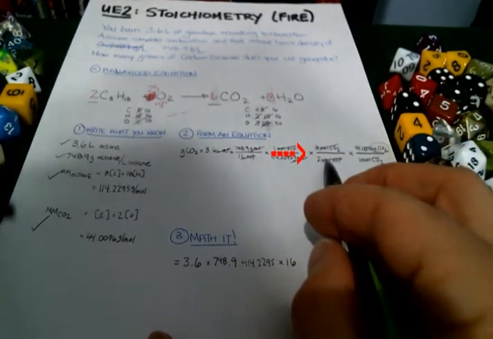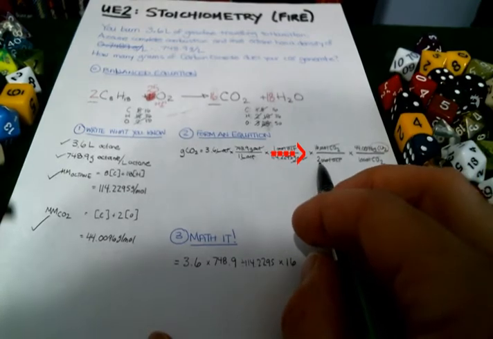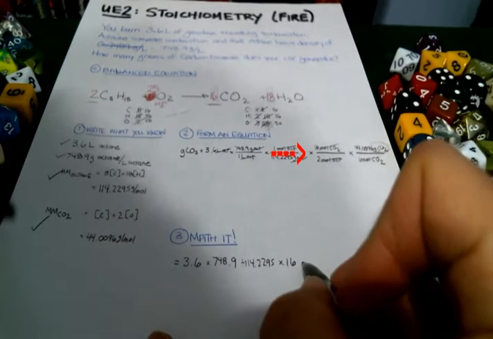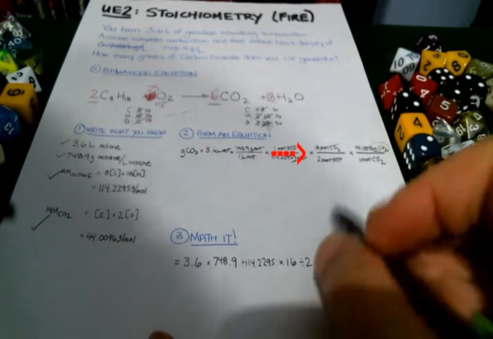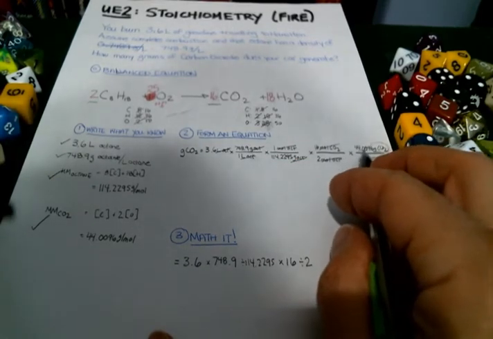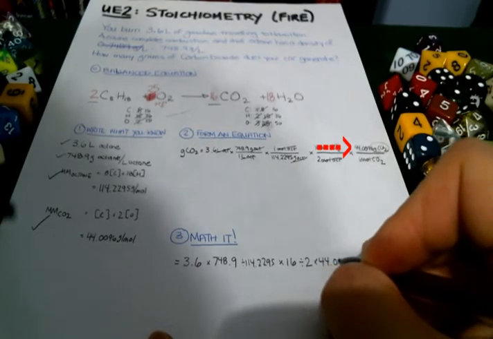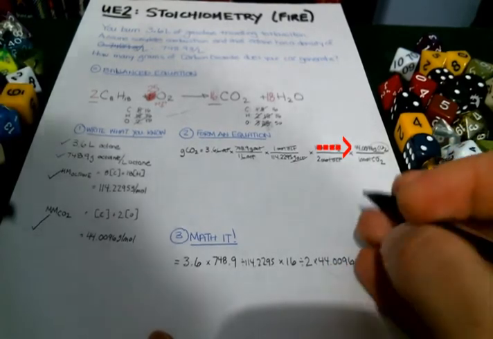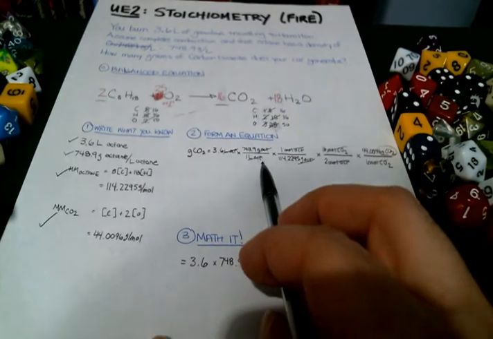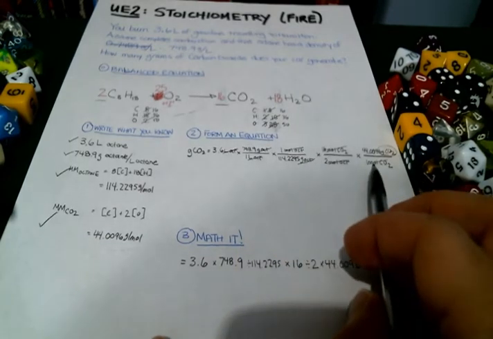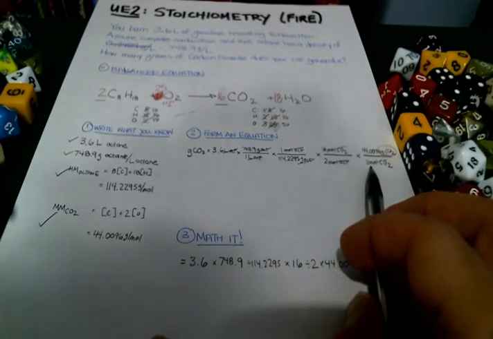But then I'm going to divide that by 2 because I've got this 2 in the bottom of this fraction. And then finally, I'm going to multiply that by 44.0096. Remember, all of the 1s can be excluded because multiplying or dividing by 1 doesn't change the number.